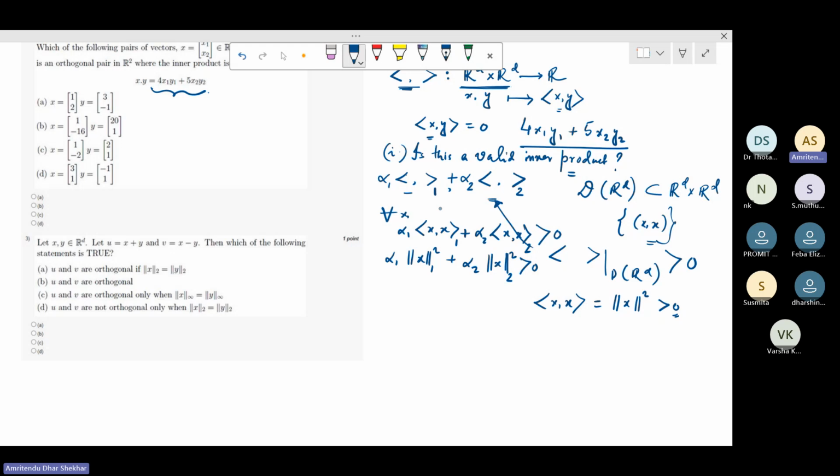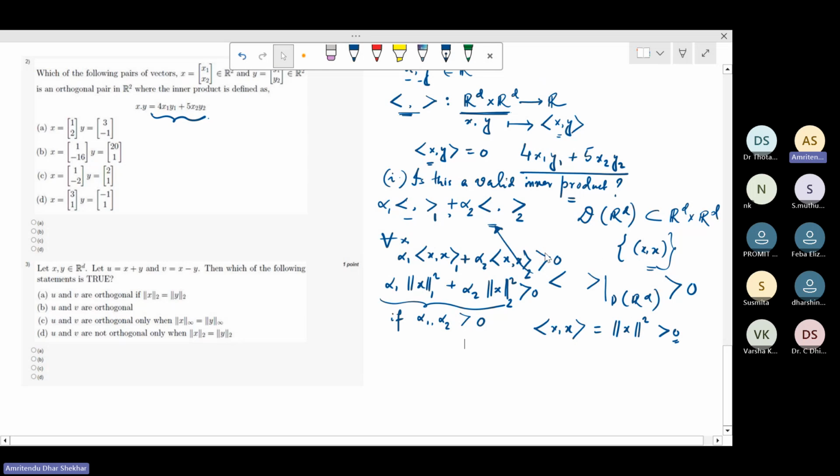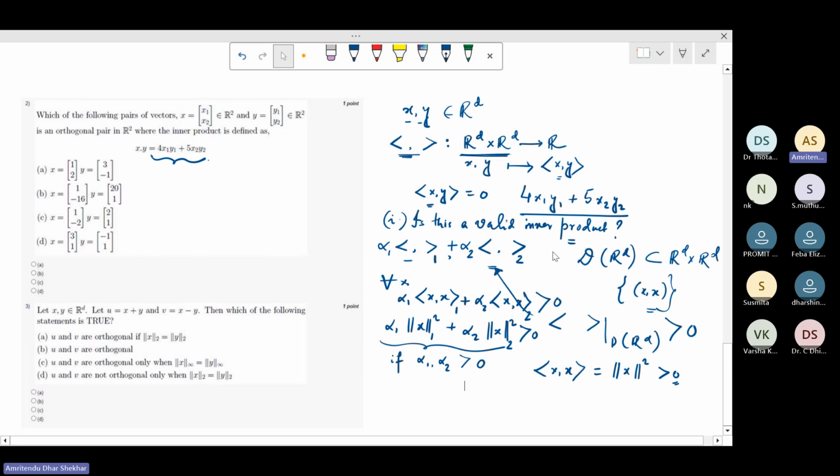So in general, if alpha 1 and alpha 2 are positive, then this is always going to be true. So that's a sufficient criterion: if there are two inner products and you take a linear combination of those two inner products, it's still going to be a valid inner product.